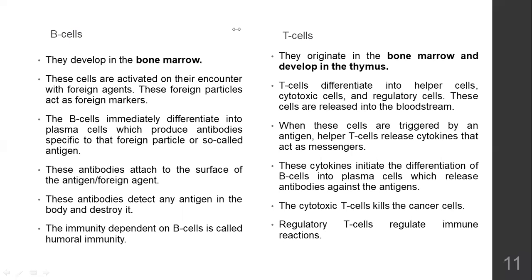Cytotoxic means cyto, cell, toxic, toxic to cells. Which cells are they toxic to? They are toxic to the pathogens and to the infected cells. And they become regulatory cells as well, to convert the chaos of infection to something normal.